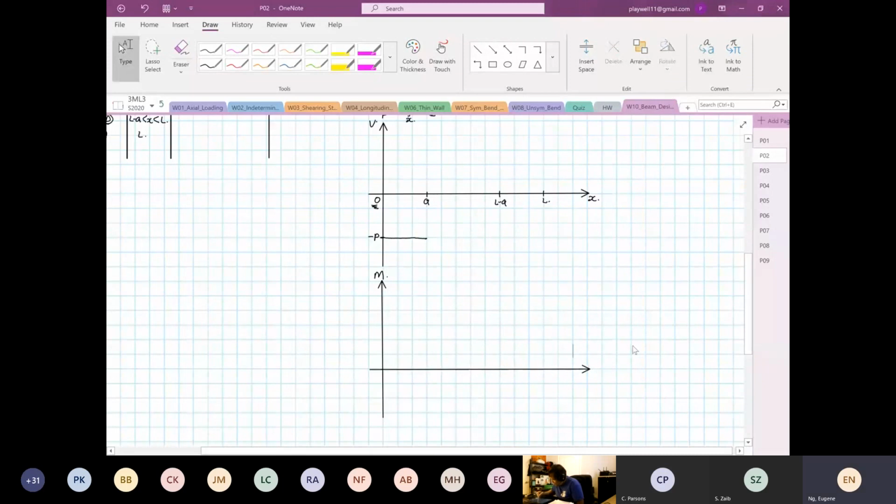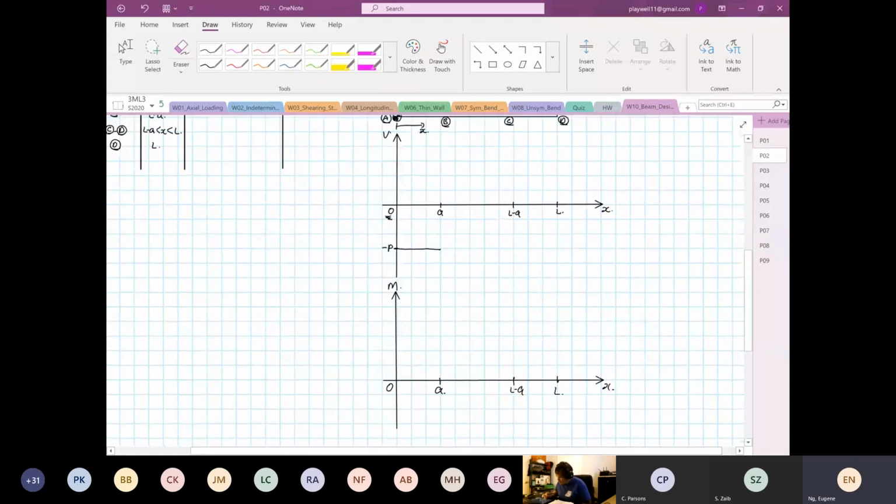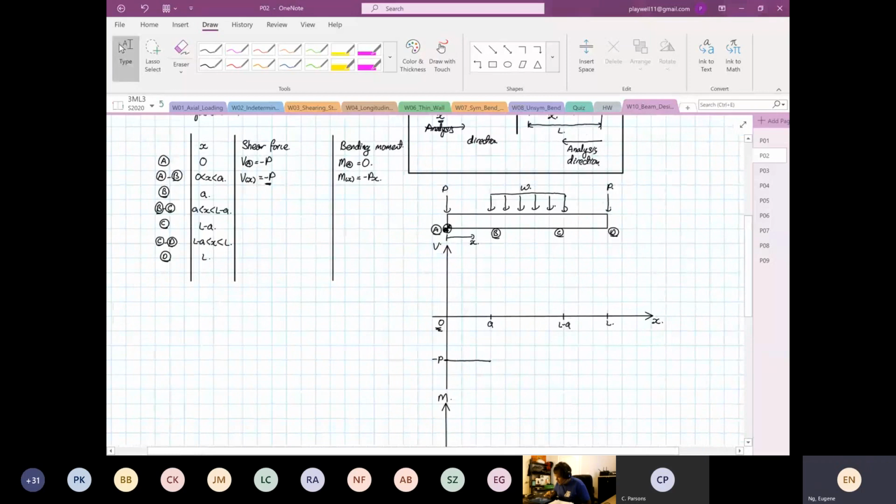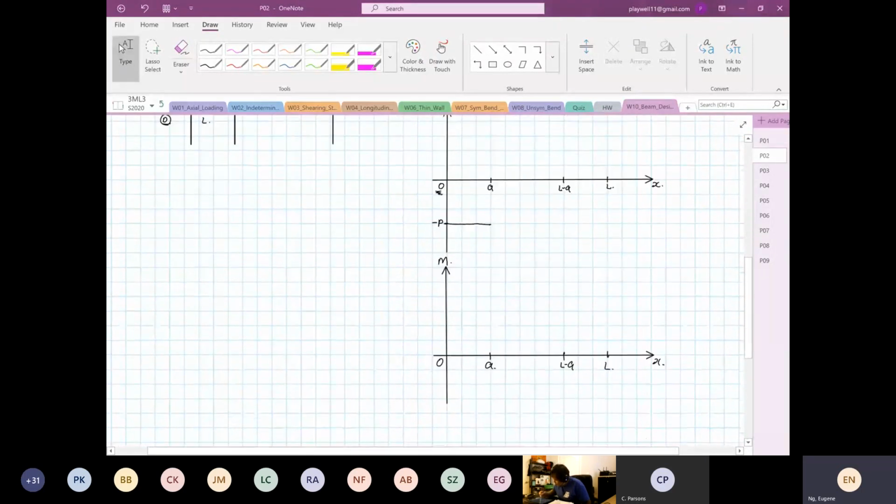So again, this is our x. Okay, so 0, you have A, you have L minus A, and then you have L. Okay. Now, what we see over here, right? When M is at point A, the moment at point A is equal to 0, so we're going to start from 0.